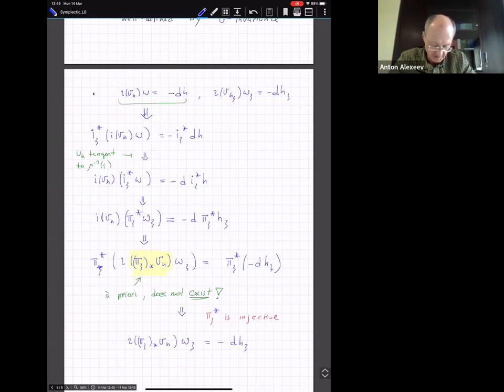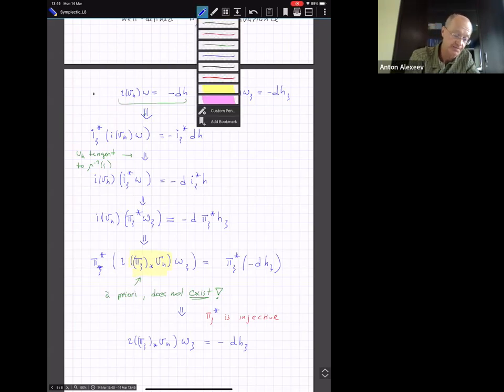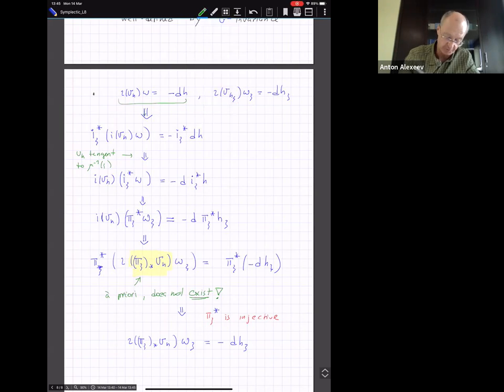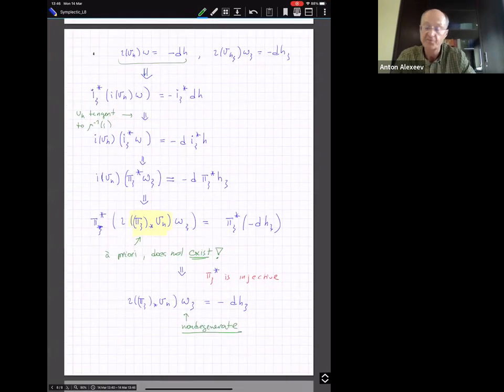But now you see omega psi is a symplectic form, so it is non-degenerate.